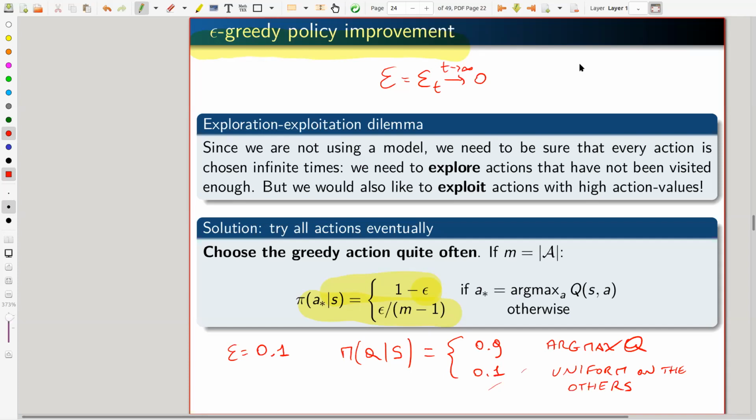So when you are converging to the optimal policy, the exploration probability is going to 0. You are becoming greedy at the end, so you are not changing your action.